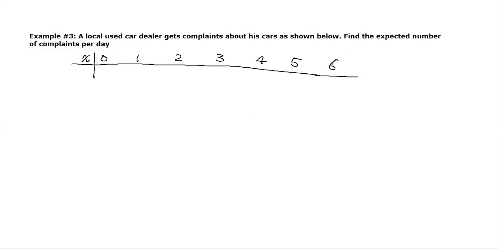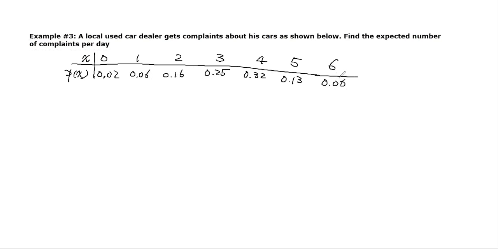The chance of 0 complaints is pretty low, it's 0.02, 1 complaint is 0.06, 2 complaints 0.16, 3 complaints 0.25, 4 complaints 0.32, 5 complaints 0.13, and 6 complaints 0.06, right?